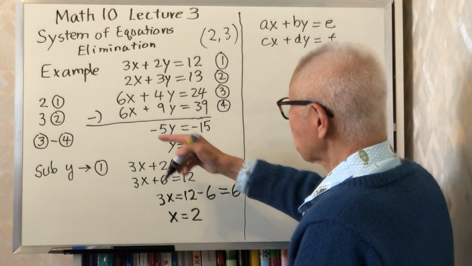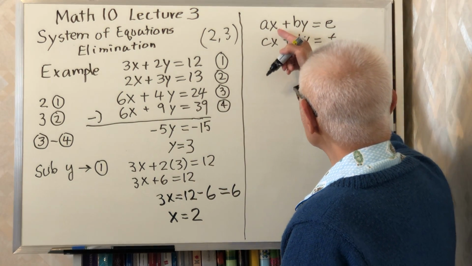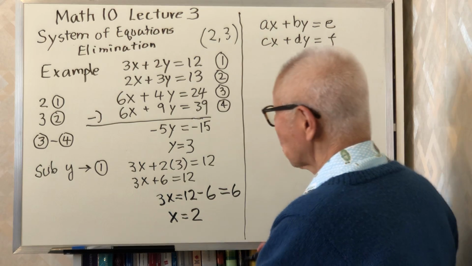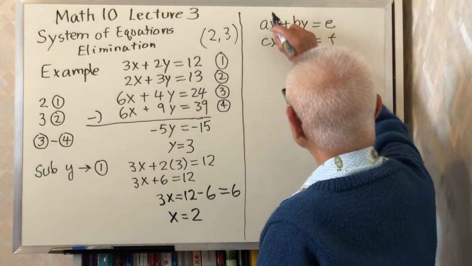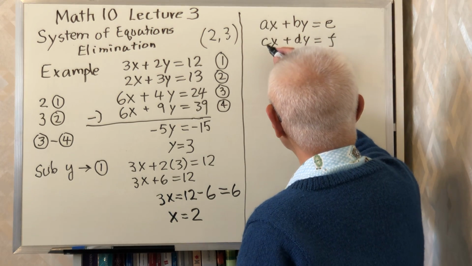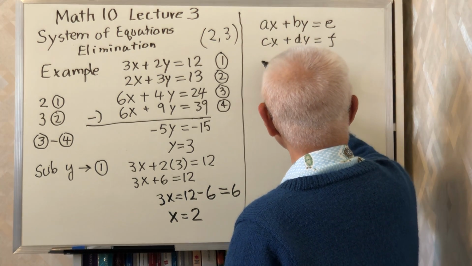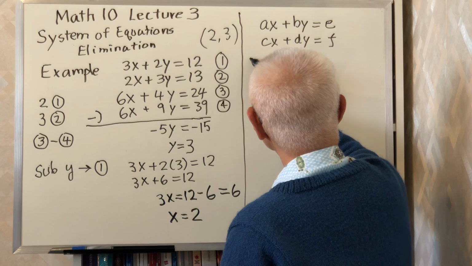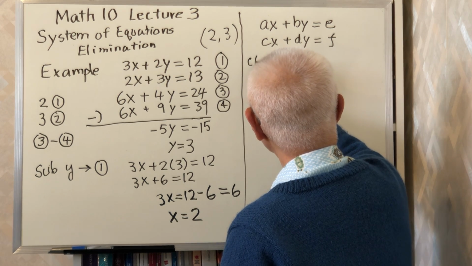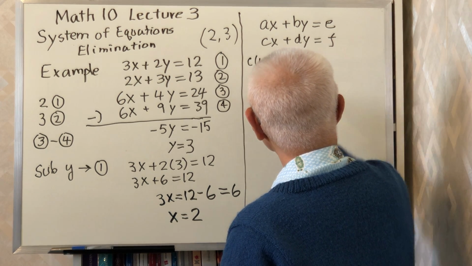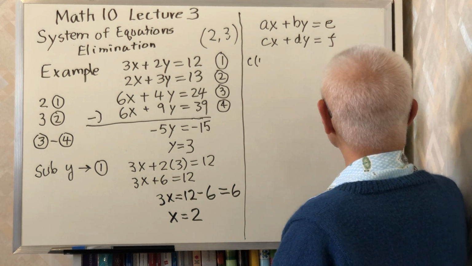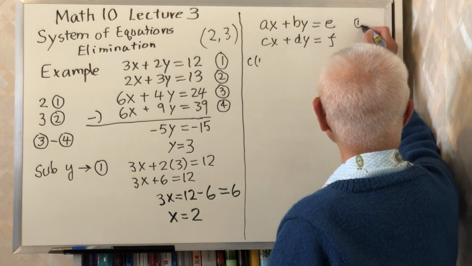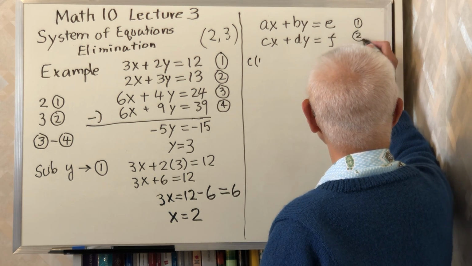So let's also eliminate x. So using the method here, I make the x term the same. So I multiply this by c. So c times, let's label the equations number 1, 2.